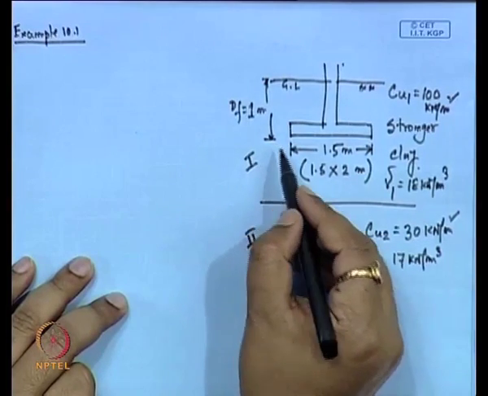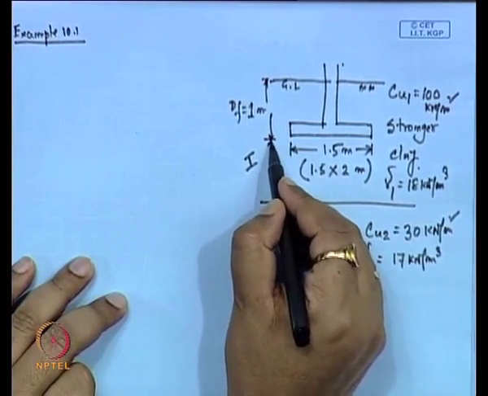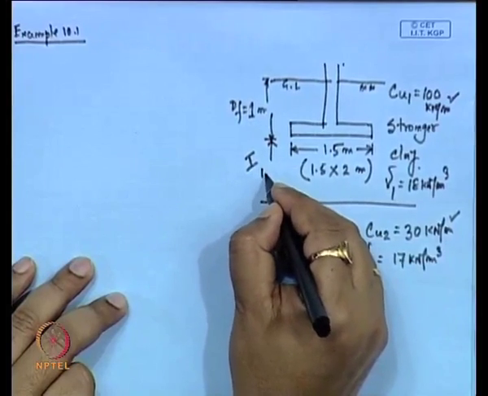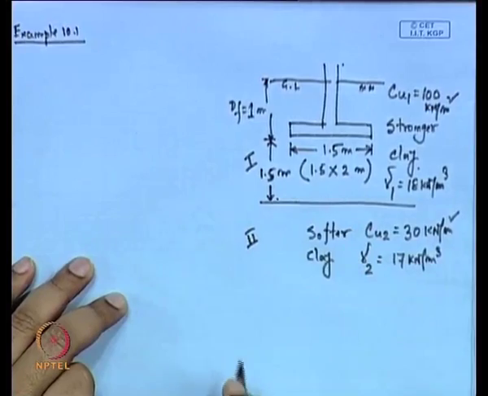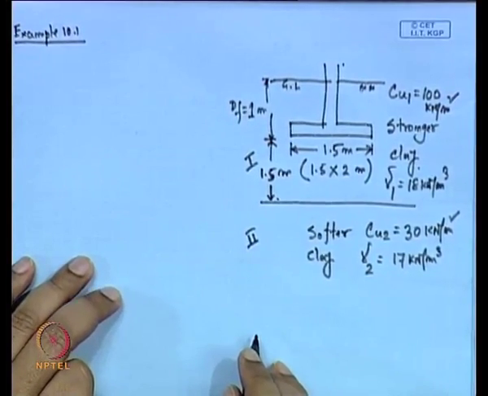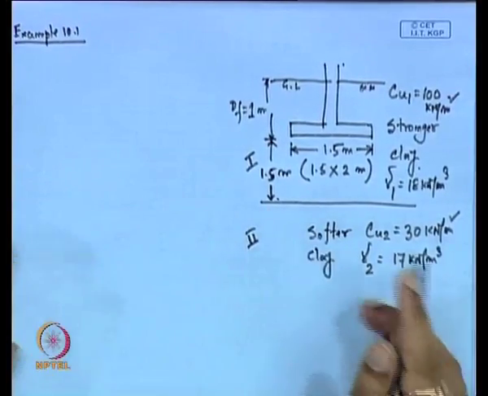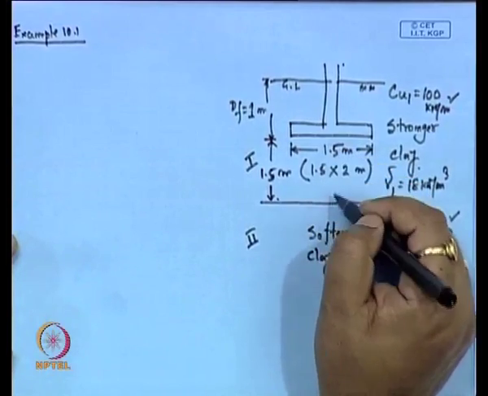Now, the distance from the base of the foundation up to the layer 2 is 1.5 meter. So, this is the depth of the soil from the base of the foundation.